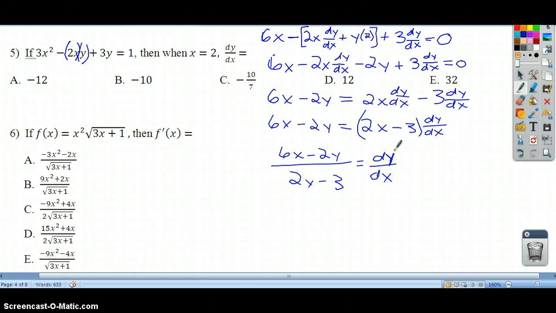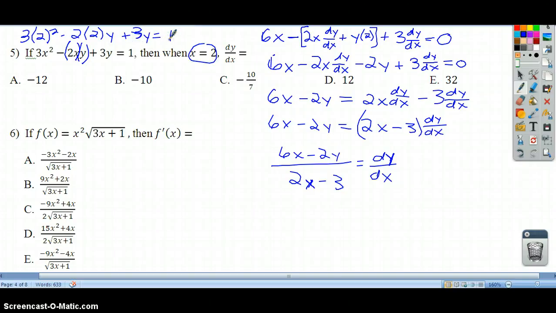Okay, I want to find out what that is when x equals 2. But little problem, I have a y in here that I need to account for. So what I need to do is plug 2 in my original function first so that I can find the y value, and then I'll be able to go and find what dy/dx equals, because I'll have a y value. So just do that real quick. 3 times 2 squared minus 2 times y plus 3y equals 1.